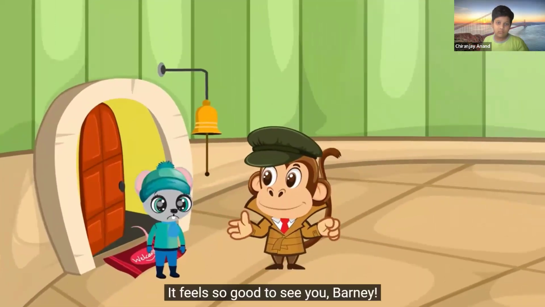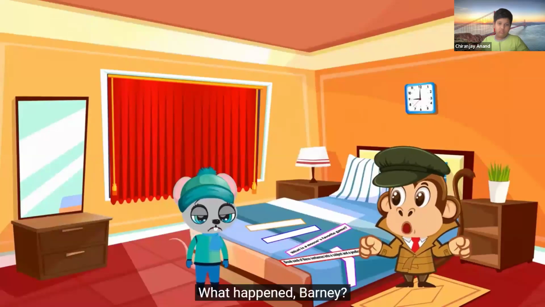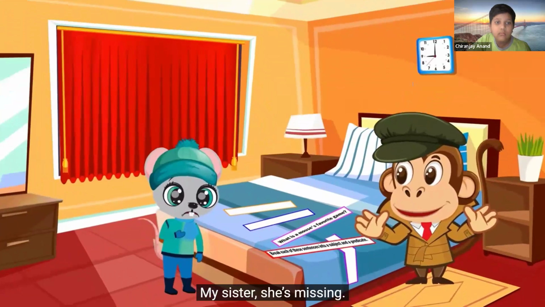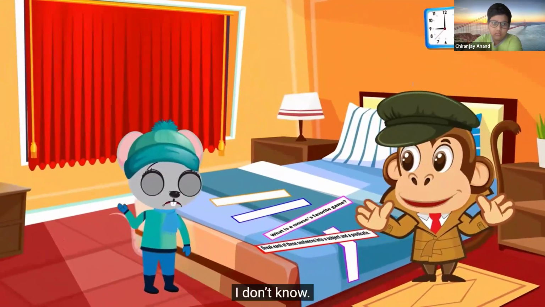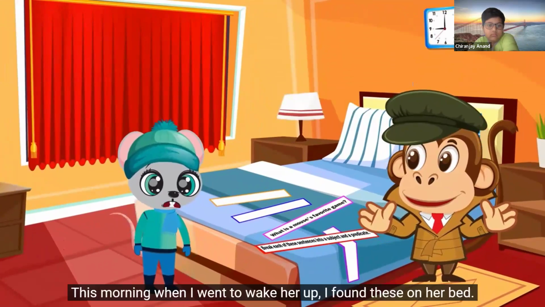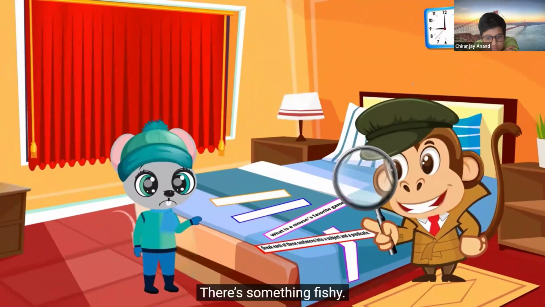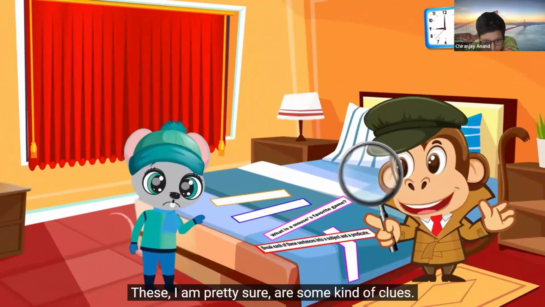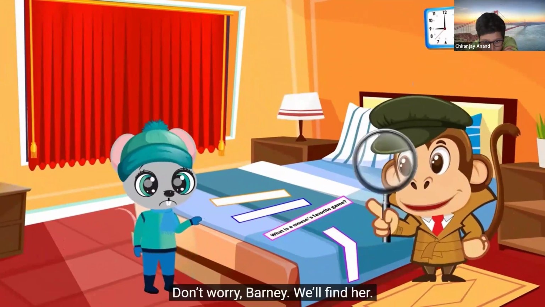It feels so good to see you, Barney. My little sister! What happened, Barney? My sister! She's missing! Where could Phoebe go? I don't know. This morning when I went to wake her up, I found these on her bed. There's something fishy. These, I am pretty sure, are some kind of clues. Don't worry, Barney. We'll find her.